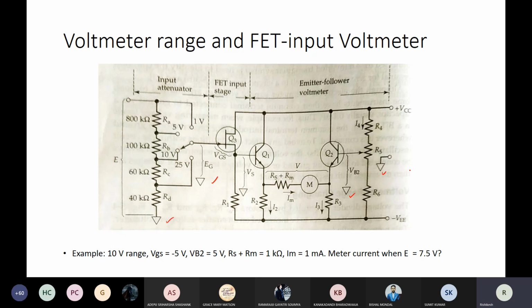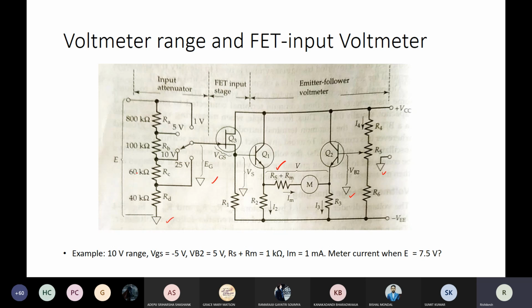Okay, fine. So instead of this extra arrangement which we made to increase the range of the voltmeter, one can even increase the range by this arrangement, which is known as input attenuator.